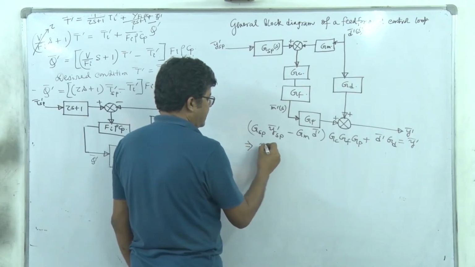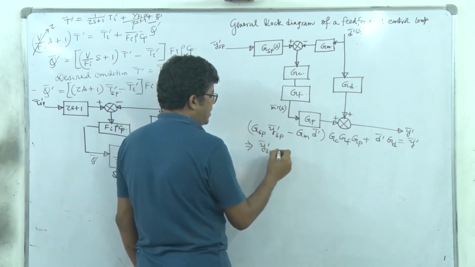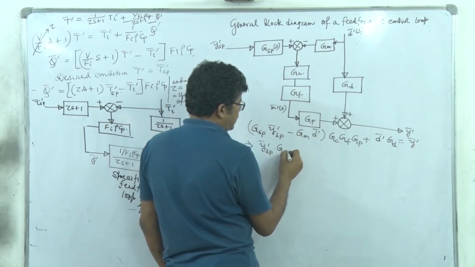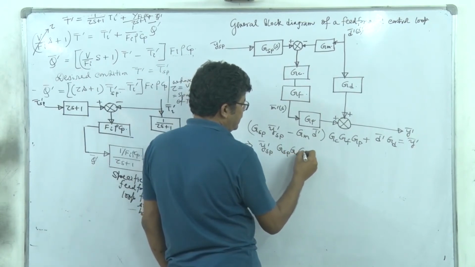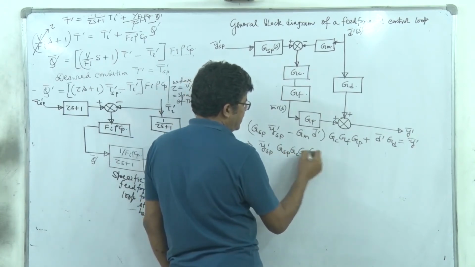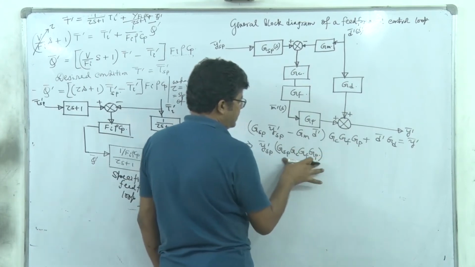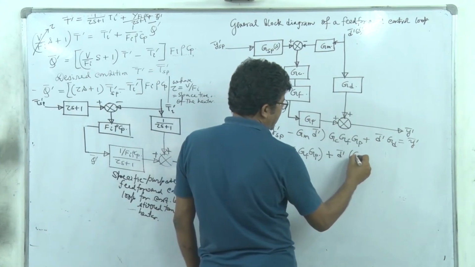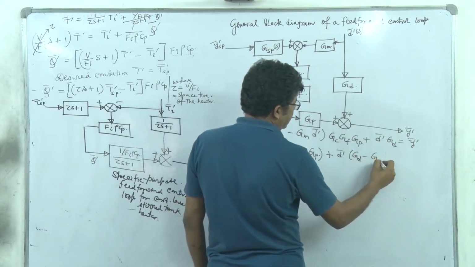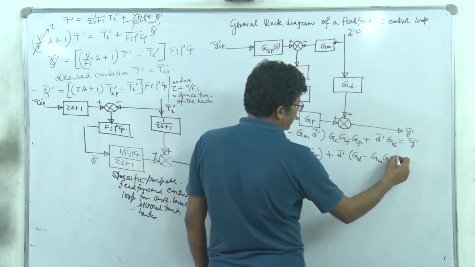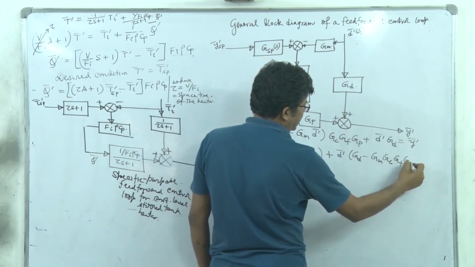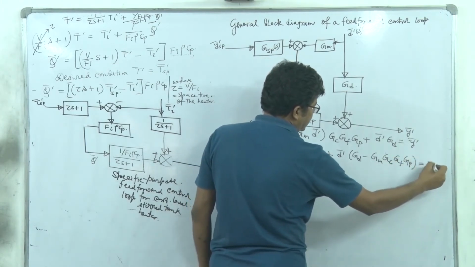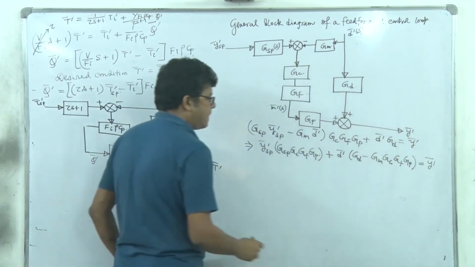So YSP prime bar into GSP, GC, GF, GP, that's the multiplication, plus D prime bar (GD minus GM, GC, GF, GP) is equal to Y prime bar, right?